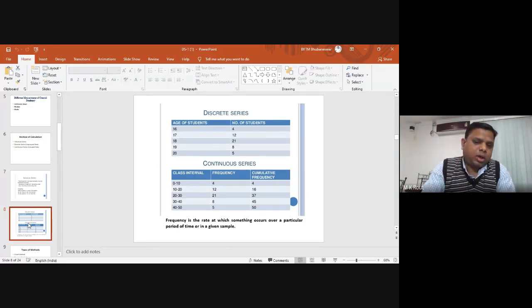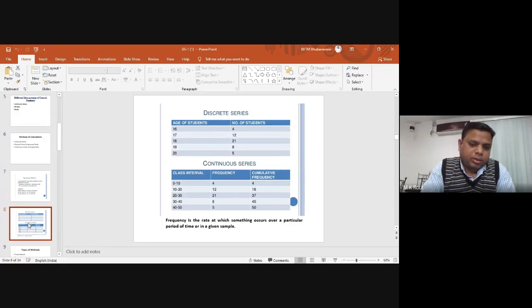Similarly, moving to the continuous series, a particular class interval of data is given in continuous form along with frequency. These are known as continuous series, and the cumulative frequencies are calculated, that is 4 plus 12, that is 16, then 16 plus 21, that is 37.